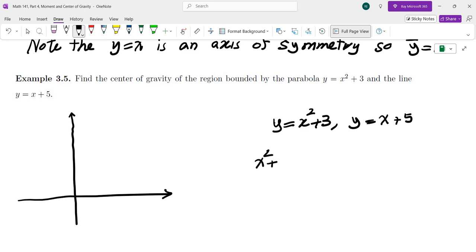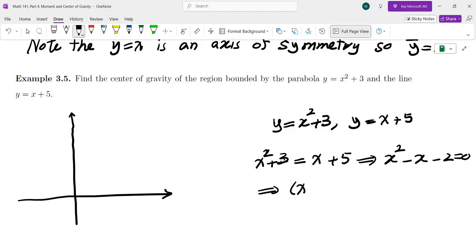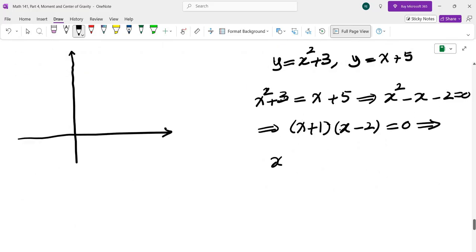We have x squared plus 3 equals x plus 5. So we get x squared minus x minus 2 equals 0. That gives us x plus 1 times x minus 2 equals 0. So the two solutions are -1 and 2.